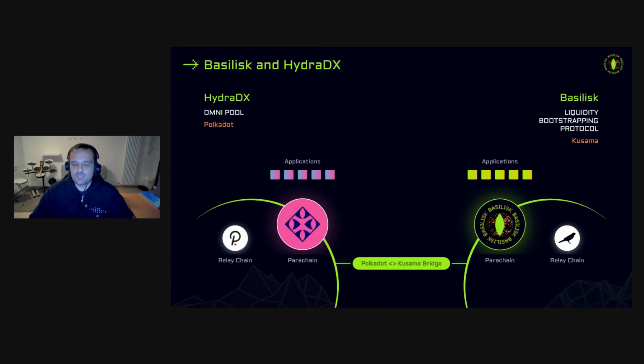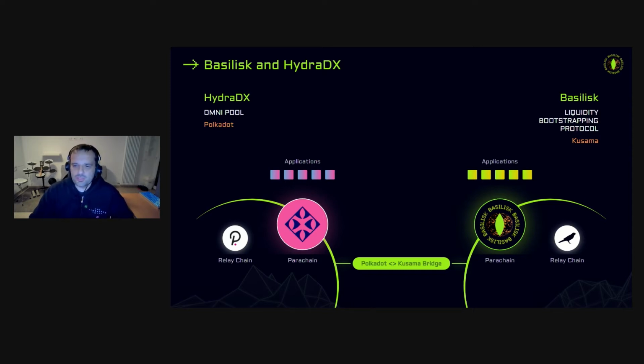Basilisk, already running as a parachain on Kusama, is a liquidity bootstrapping protocol built for Kusama, and Hydra implements a novel type of multi-asset liquidity pool called Omnipool, which will live in Polkadot.